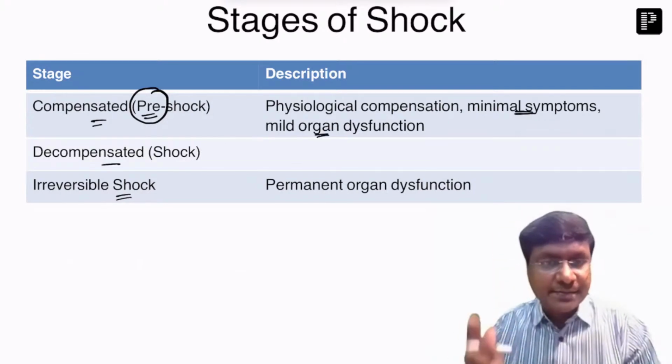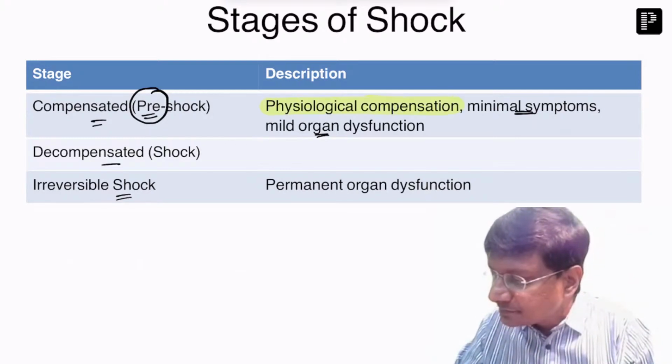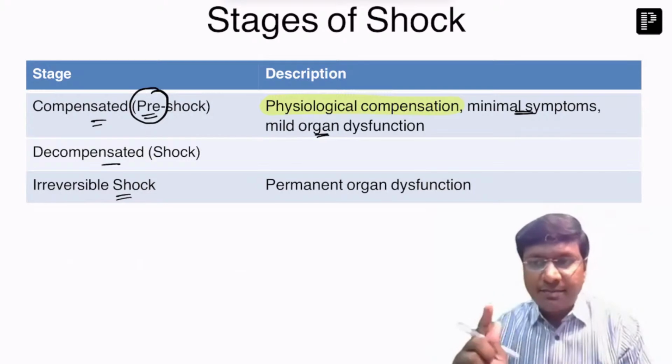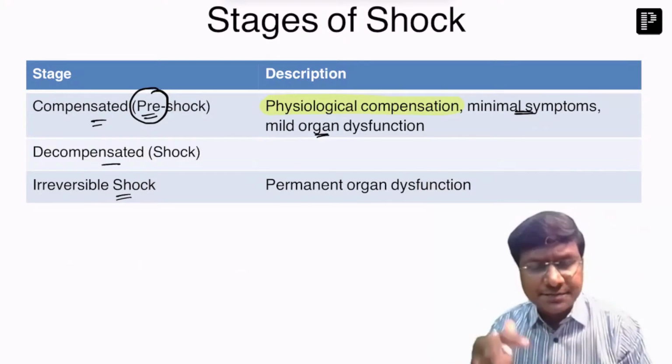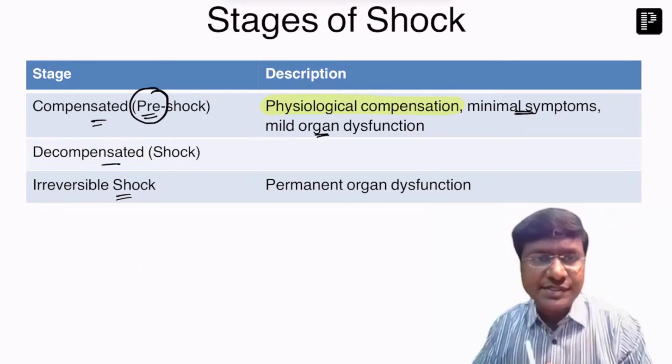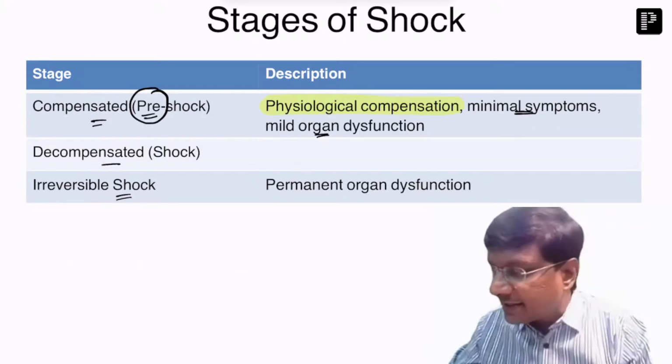And in patients with compensated shock, there is physiological compensation. And what are the abnormalities that you will notice in compensated shock? There will be decreased oxygen supply to the tissues. Thereby, what will happen to the lactate levels?